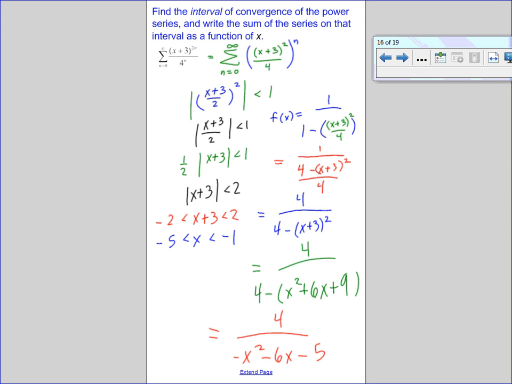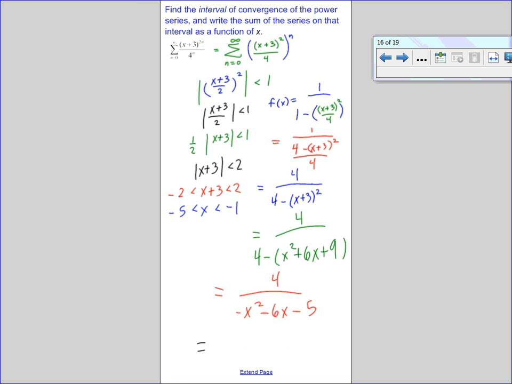Except we probably won't see that either. What are we going to see? We'll probably see negative 4 over x squared plus 6x plus 5. That's probably what we'll see.